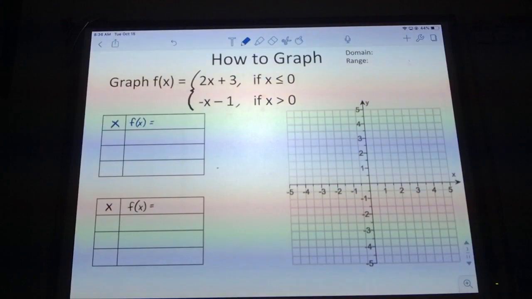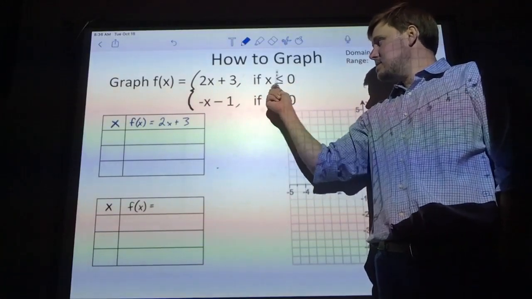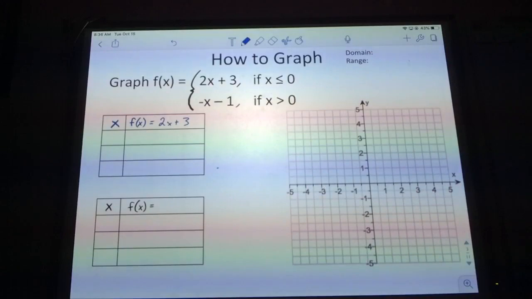Okay, that top line, f of x equals 2x plus 3. So we're just looking at this top line. What else do I know about this top line? X is what? So we're going to write that above this x. X is less than or equal to 0.